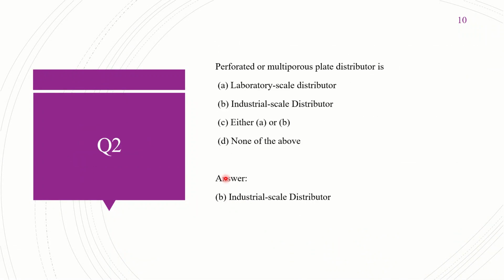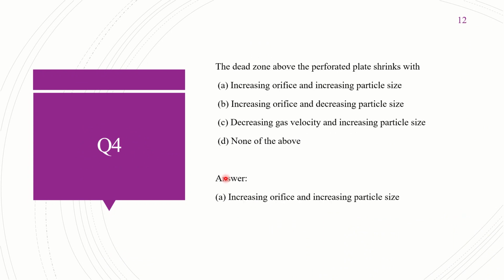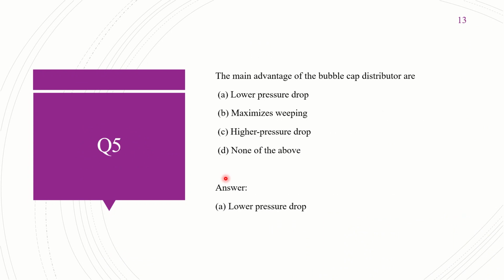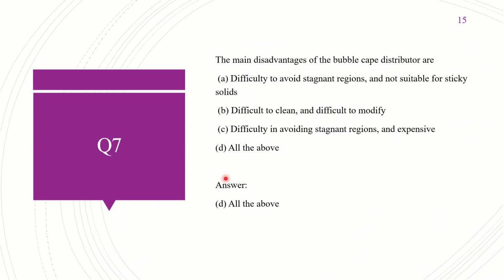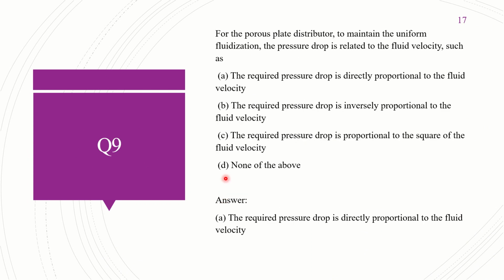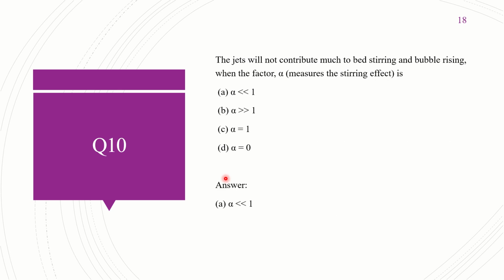We saw the gas distributor and the theory behind them, and the dead zone, what type of distributor is used where, and what the disadvantages are. We also saw the stirring effect when measured, that is alpha, and how jet size depends on it.